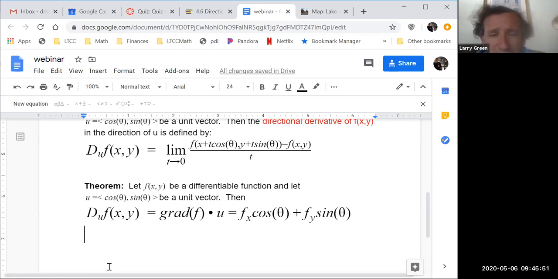Okay, what does this kind of look like? And the hint is think two days ago. What does this kind of look like? Something about derivatives. We have a sum of products. That's a hint.